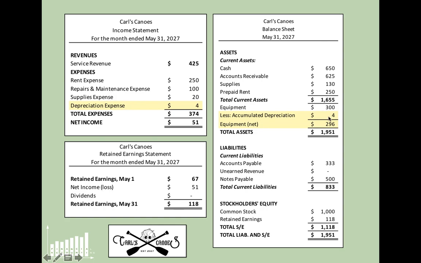Okay, $4. And then equipment, net of depreciation, or after depreciation has been subtracted, is $296. Total assets of $1951, which add up to our liabilities and our total equity, our balance sheet balances. Okay.